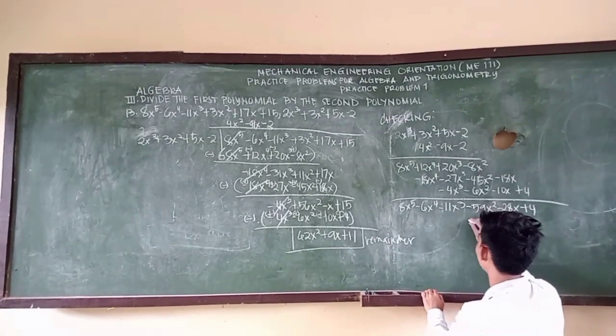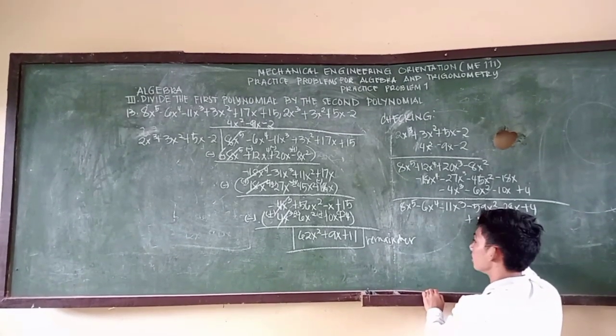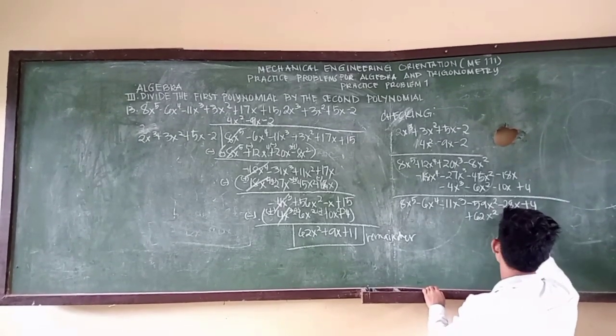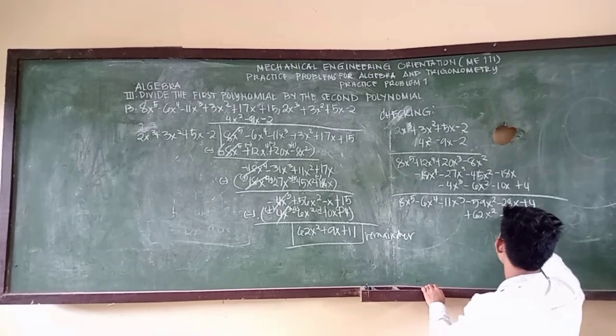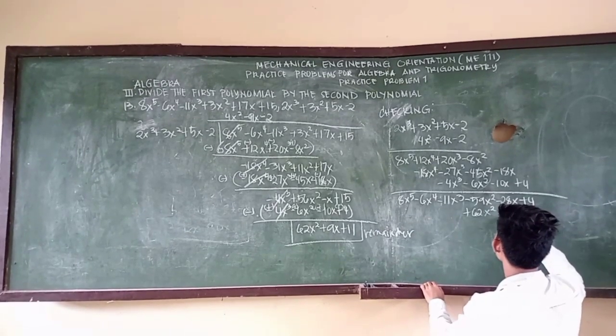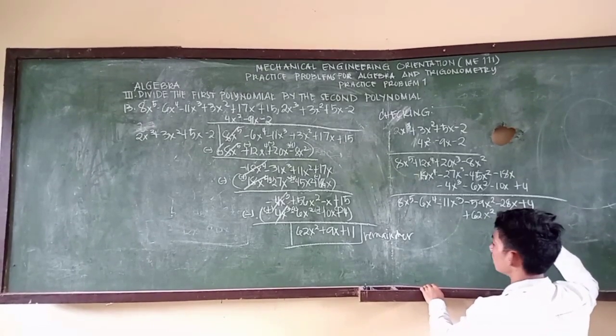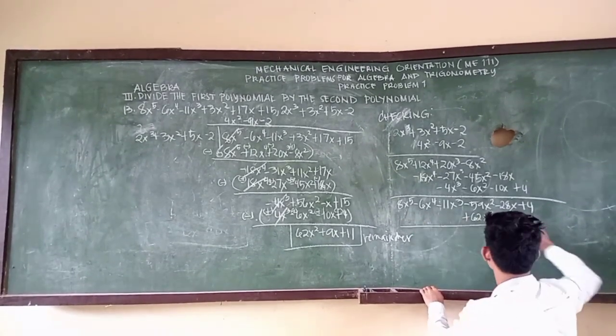Now we will add our remainder. Plus 62x squared plus 9x plus 15 plus 11 rather.